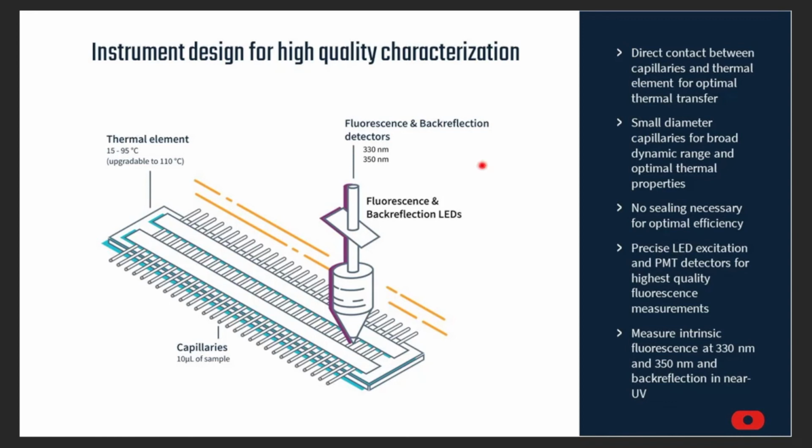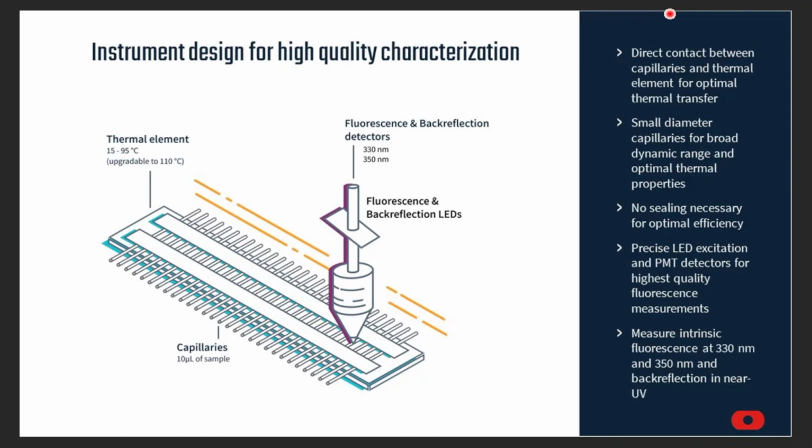So in brief, all of the samples are, as Jie mentioned, loaded up in these sample holders, these capillaries, which are placed directly on a thermal element, this Peltier, that can be ramped anywhere from 15 to 95 degrees, that can be upgraded to potentially reach higher temperatures for more thermally stable molecules all the way up to 110 degrees Celsius. It is this direct contact between the capillaries and the thermal element that really facilitates an optimal thermal transfer for a very precise Tm, as well as those very small error bars and that high level of reproducibility that Jie was featuring.